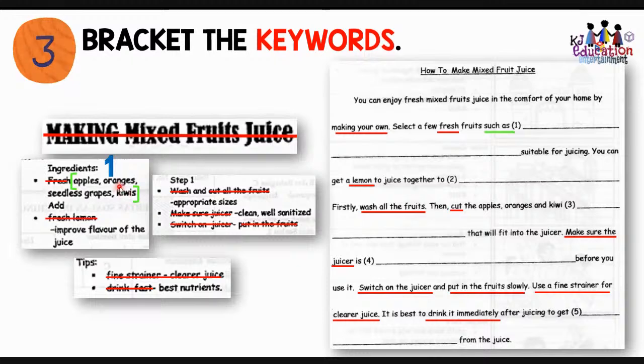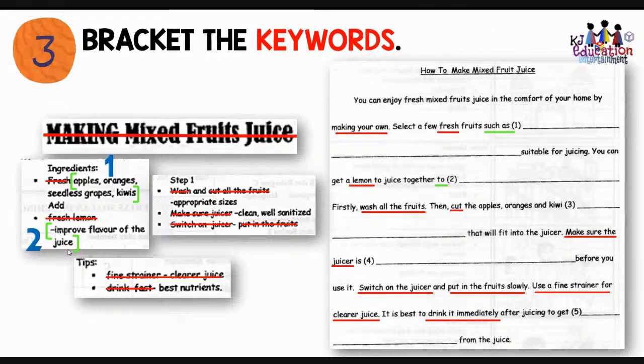Okay? All right. The next one would be, let's move on to number 2. You can get a lemon to juice together to. All right, so as you can see, the information is over here. So the word to refers to this, improve flavor of the juice.